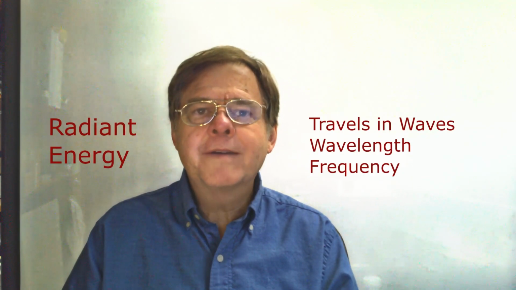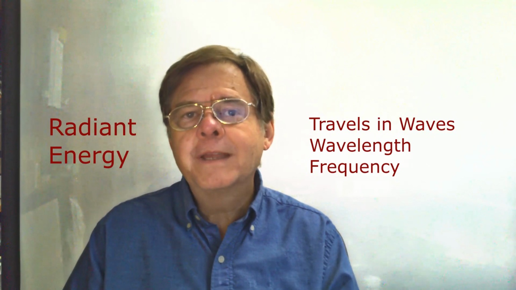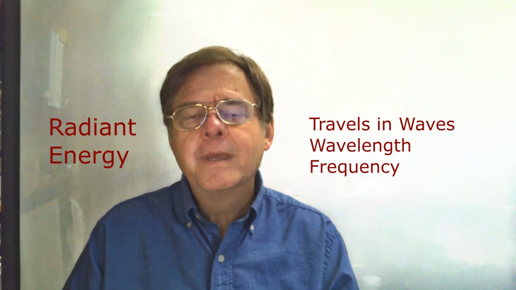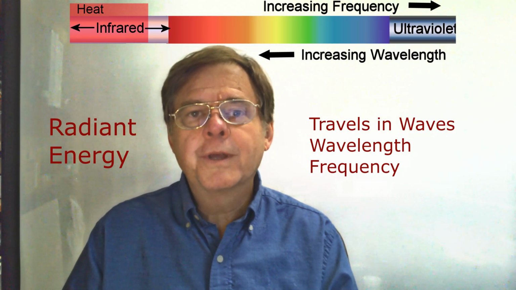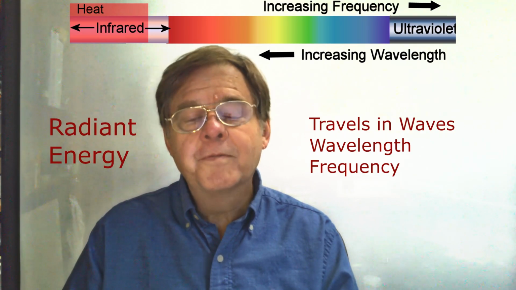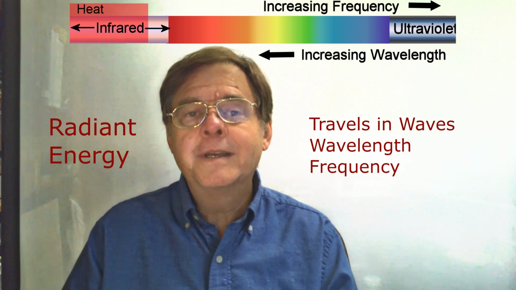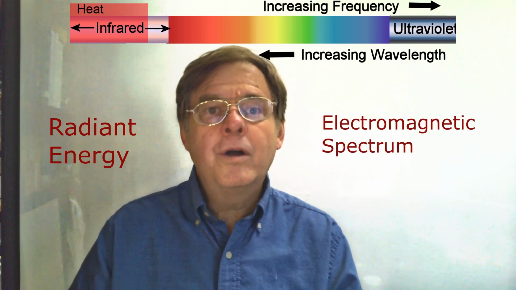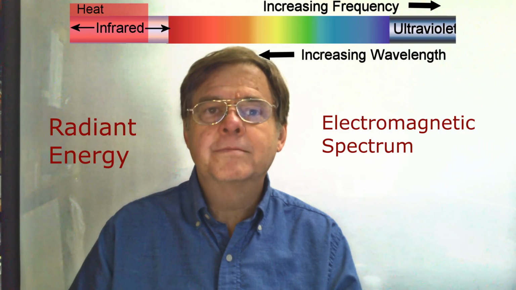First, let's review some foundational science. Radiated energy travels in waves. These waves have wavelength and frequency. The wavelength and frequency of radiated energy determine whether it's ultraviolet light, visible light, infrared light, or heat, or some other form of radiated energy. Altogether, this is referred to as the electromagnetic spectrum.